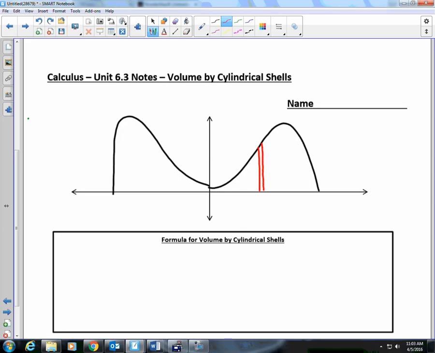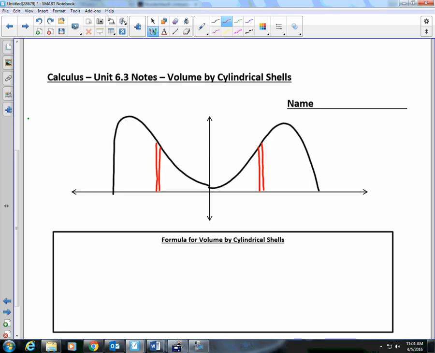Now that's contrary to what you're used to because if you're rotating around the y-axis, you usually think, well, I'm going to draw a horizontal rectangle. Here's what I'm going to do. I'm going to take that rectangle and I will rotate it around the y-axis. The question is, what happens when you take a really thin rectangle and rotate it about a specific radius?